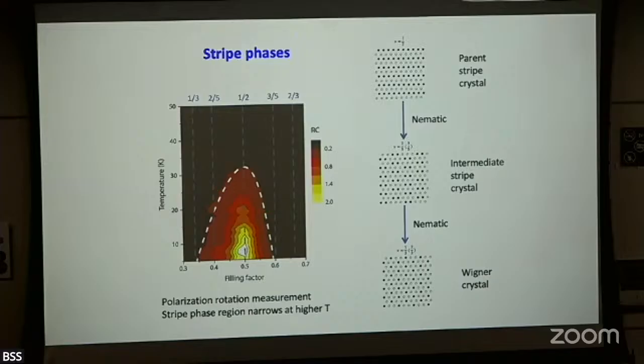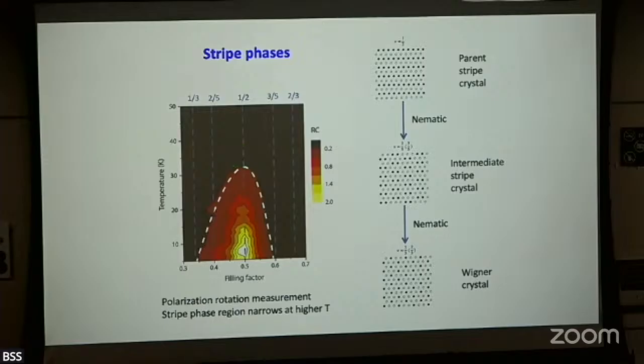But it's not just at those fillings that we break rotation symmetry. And this experiment shows that it breaks rotation symmetry over a wide range of doping density. And it finishes somewhere at 1/3 on one side and 2/3 on the other side. And when you warm the sample up, they disappear gradually. So the strongest stripe phase actually is at filling half.